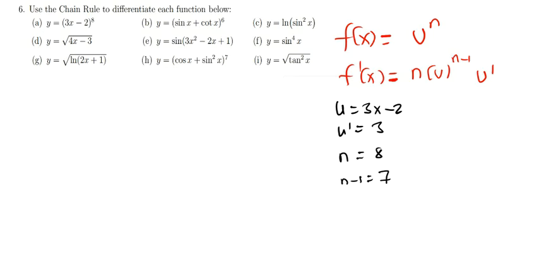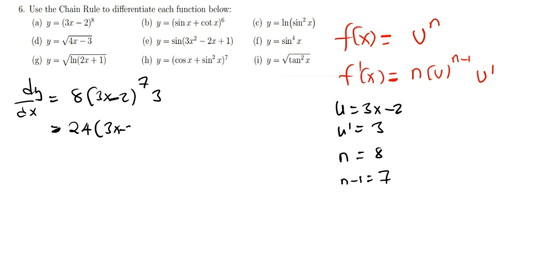Then I can plug in the values. So dy over dx for part A is equal to n, which is 8, open brackets, u, which is 3x minus 2, raised to n minus 1, which is 7, times u prime, which is 3. Then 3 times 8 is 24. I keep this constant. That's the derivative of that using the chain rule.